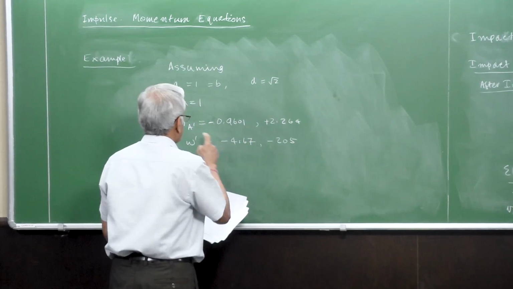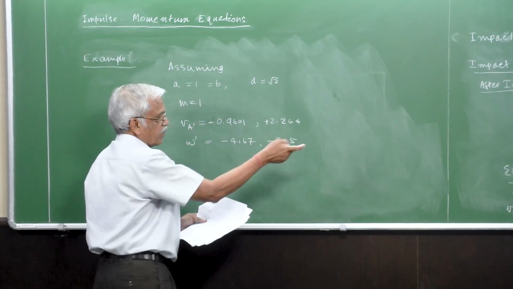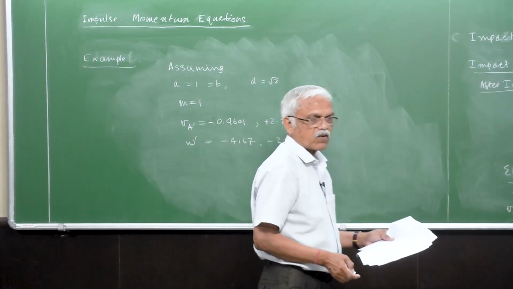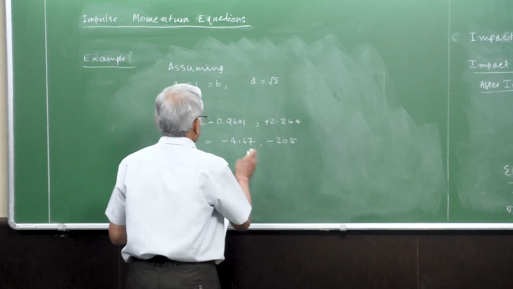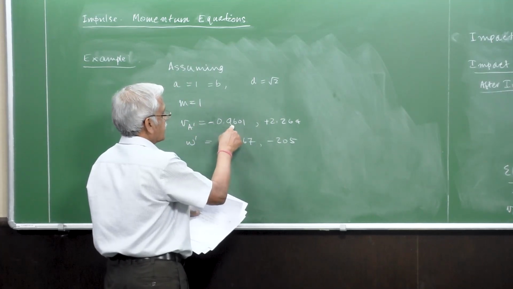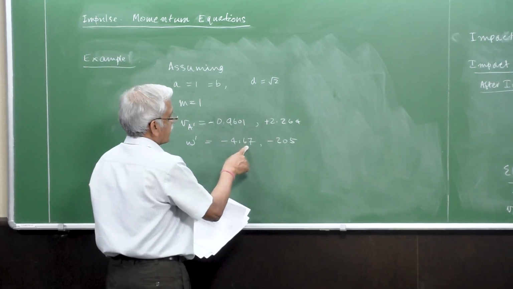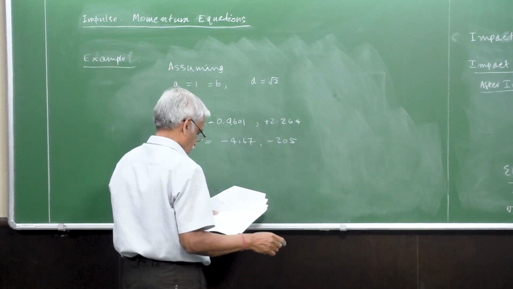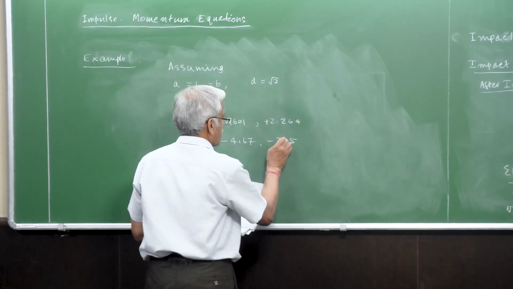We have two solutions for V_A prime, and we have V_G prime from which we can calculate V_A also. In one case, V_A prime is negative 0.9601 and omega prime is 0.6, and the other solution is 2.264 and 2.45.